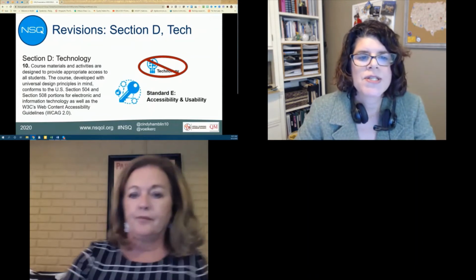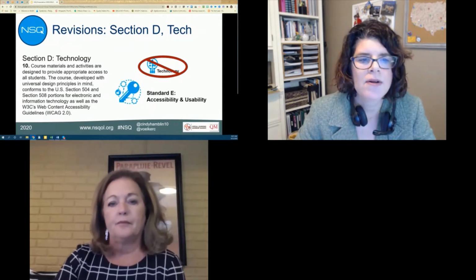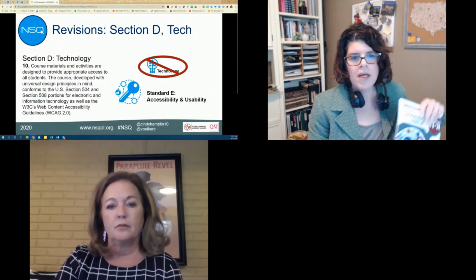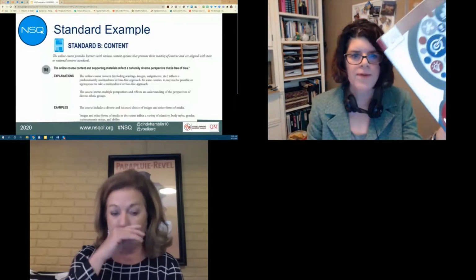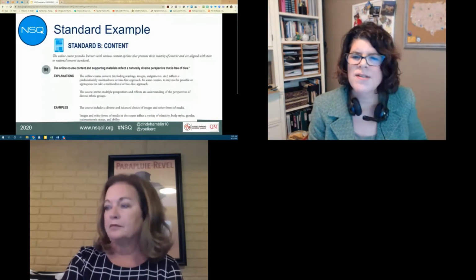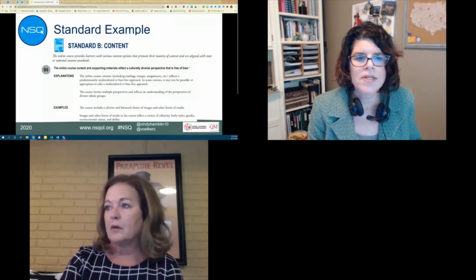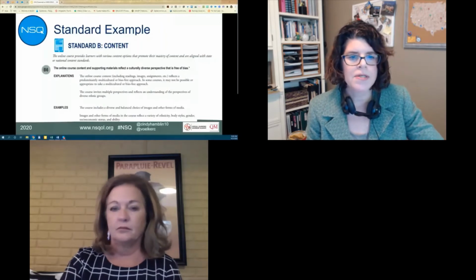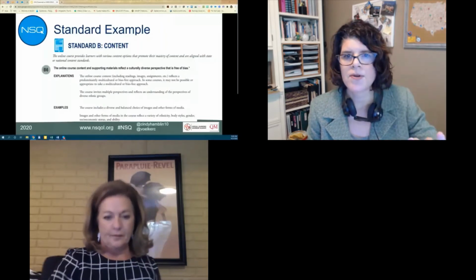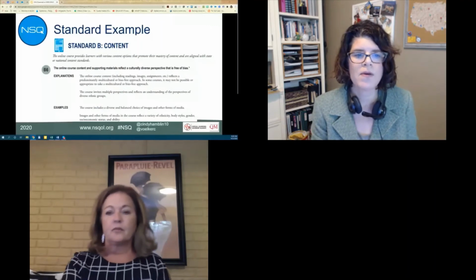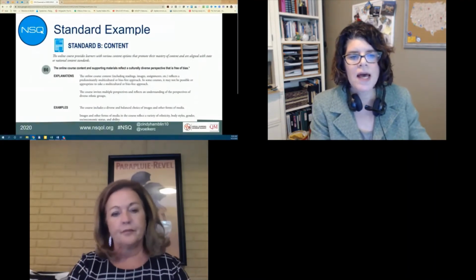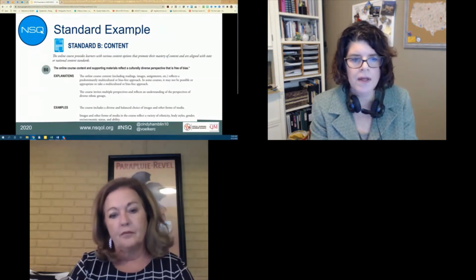That asterisk just indicates that this is an indicator that directly correlates to a specific review standard in the QM K-12 rubric 5th edition. In some cases it's the indicator itself, and sometimes it reflects text in the explanations or examples that come straight from the QM K-12 rubric annotations. The exact correlation is available on the resources section of the NSQ website.